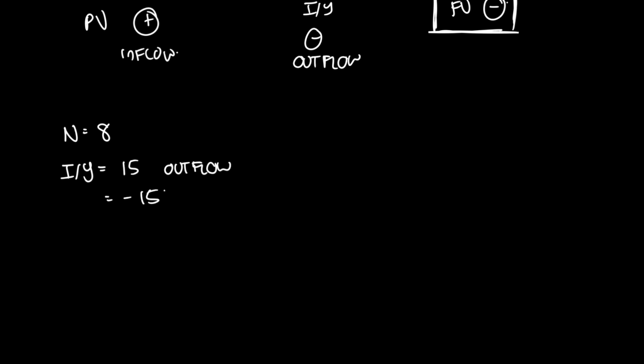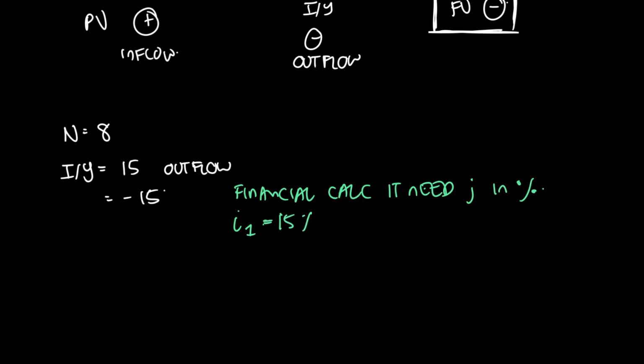Now, for a second, you may be thinking, wait. On our financial calculator, and let's just write this in, the financial calculator needs the nominal interest. So it needs J in percentage. And we have I1 is equal to 15%. So we have the effective interest rate here.